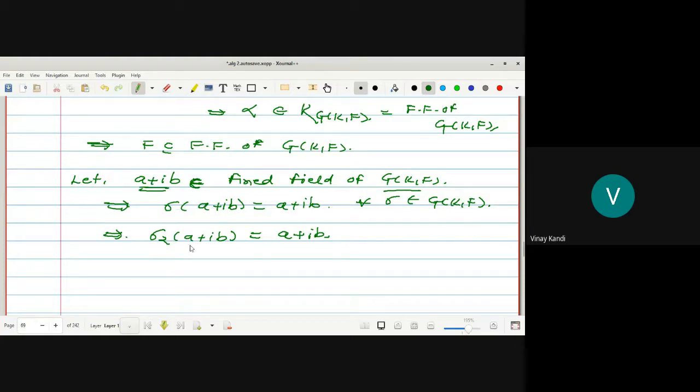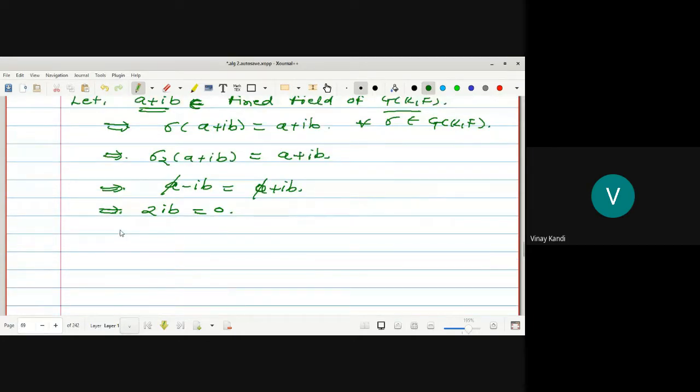Now the image is A minus IB, which is equal to A plus IB. So this implies 2IB is equal to 0. 2 is not equal to 0, I is not equal to 0. Hence B must be equal to 0.